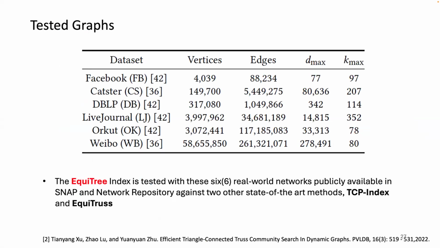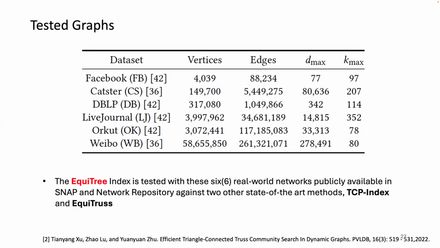Our Equitree was tested against many real-world graphs, from small graphs with 4,000 vertices and 8,000 edges to the largest graph, which has 58 million vertices and 261 million edges. What is Dmax? Maximum diameter.